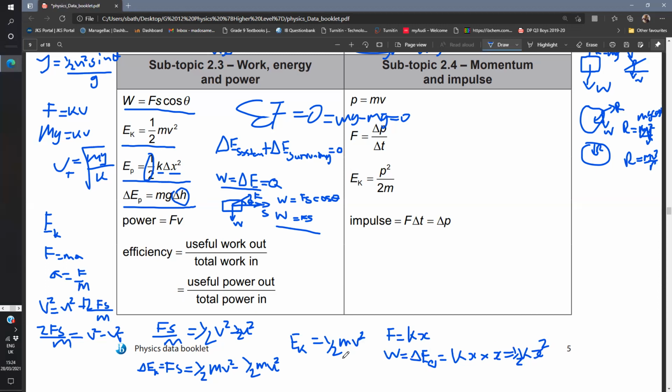I mean, I can basically explain it now. It's more convenient. This is F, this is S. And you know how always when you have a triangle, it's half the base times the height, so half Fs. This is what we mean.